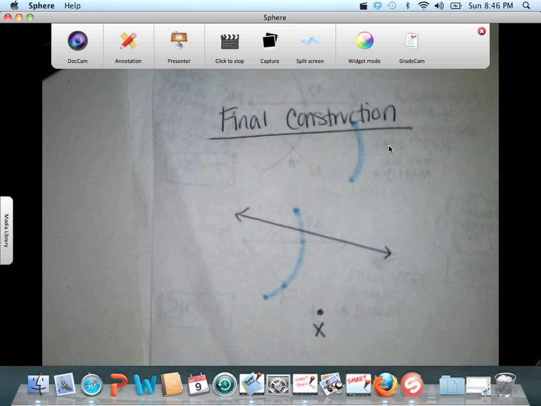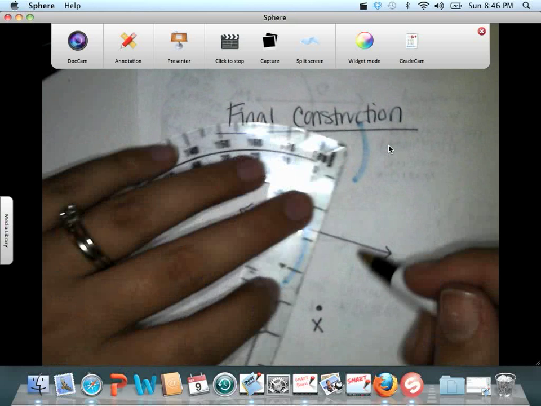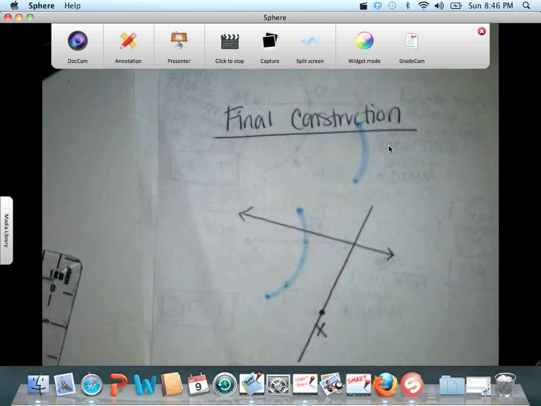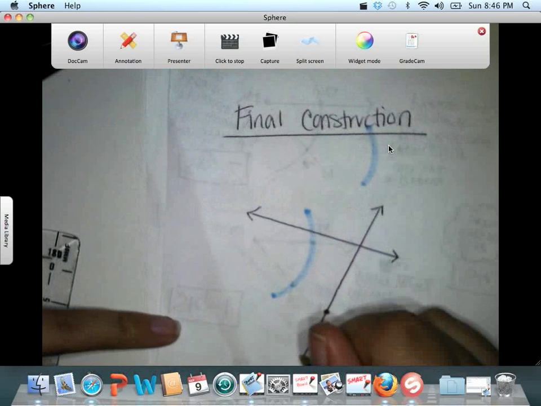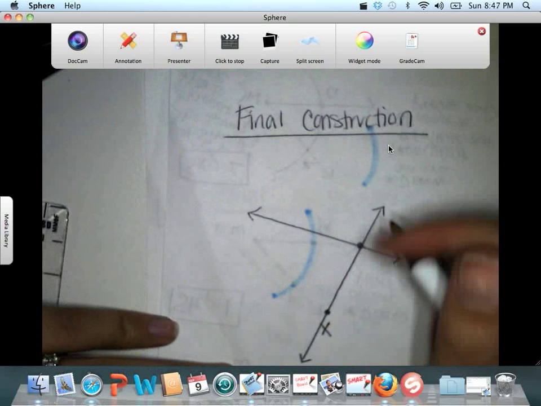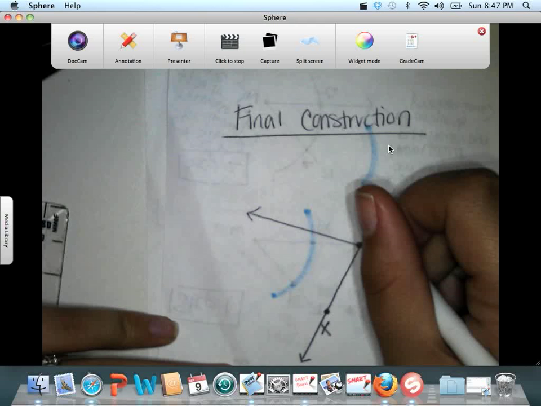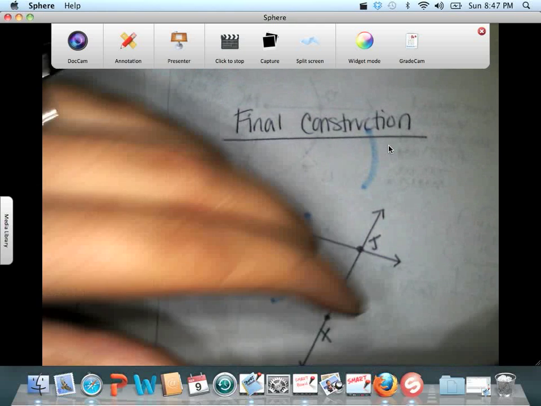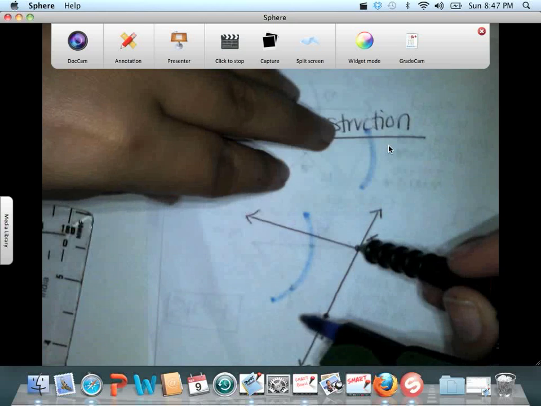Okay, your first step is to draw a line through X that intersects. So it creates this intersection right here. Okay, we'll call this J. Okay, and then you take your compass, and from J you create an arc.